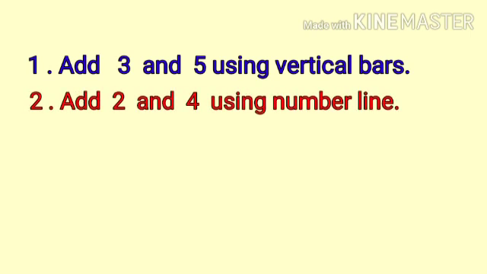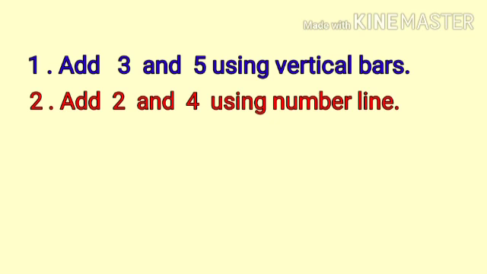Here you have to draw vertical bars and take addition. The second question is add 2 and 4 using number line. Here you have to draw a number line and take addition. That means 2 plus 4 you should take on number line.